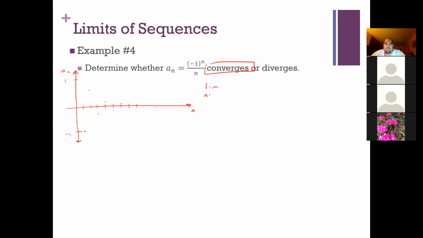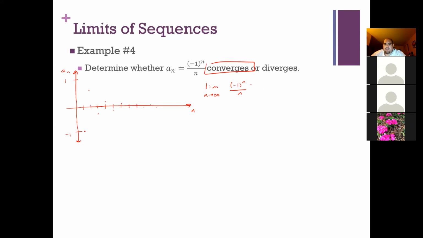So let's make sure of something. I know that when n gets really large, this denominator is going to get bigger and bigger, and you're dividing this numerator, which is either 1 or -1.